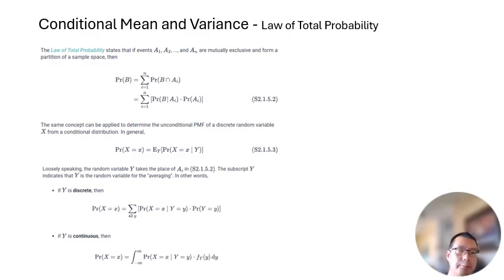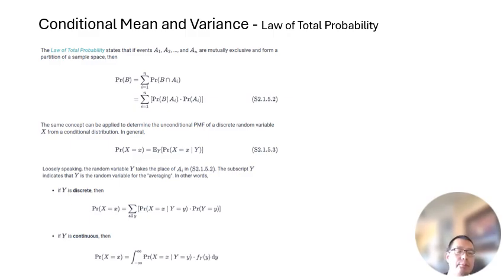Earlier we talked about mixtures, but really we need to talk about conditional mean and variance, because this is the foundation to calculate the mean and variance for a mixture. So first thing we want to talk about is the law of total probability.